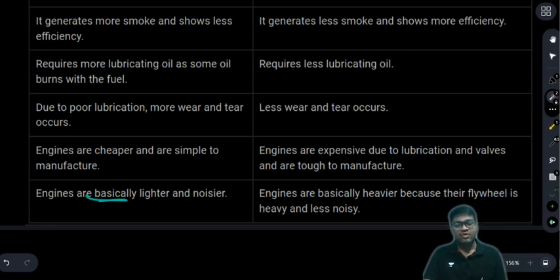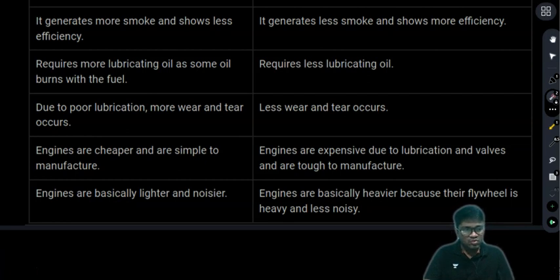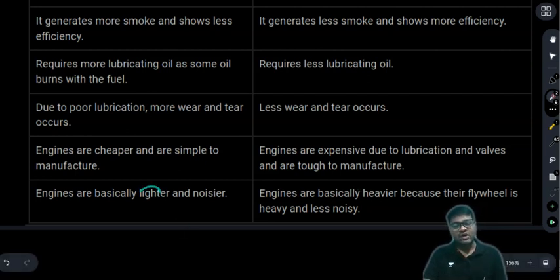But in a two-stroke engine, again during one stroke we get power, but to do the next stroke we have to provide power to the engine. So in the two-stroke case, during one stroke we provide power, but in the four-stroke case, during three strokes we provide power. That is why we require a smaller flywheel mass in two-stroke engines. That is why we can say this is lighter and this is heavy.